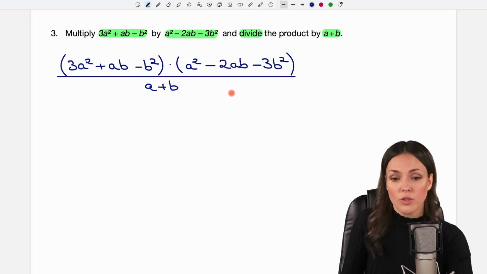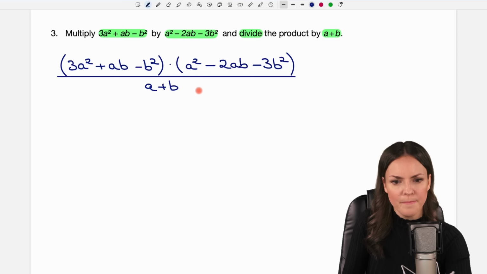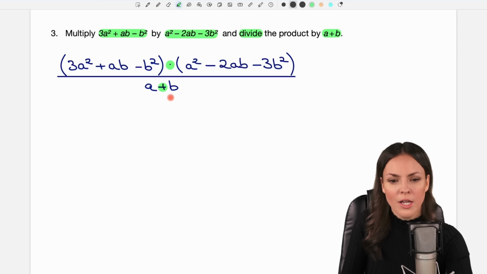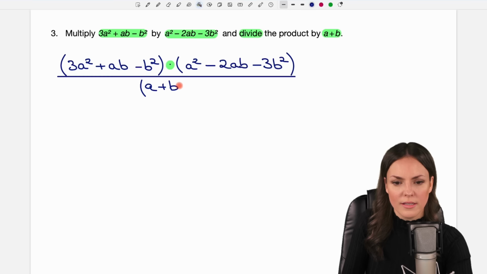Okay, they could have just said simplify this expression here. We have a product in the numerator, which is good, but we have this sum here in the denominator, so we can write this in parentheses as well. So if we want to cancel some things out, then we have to find a plus b as a factor either in this part of this product here or in this part.